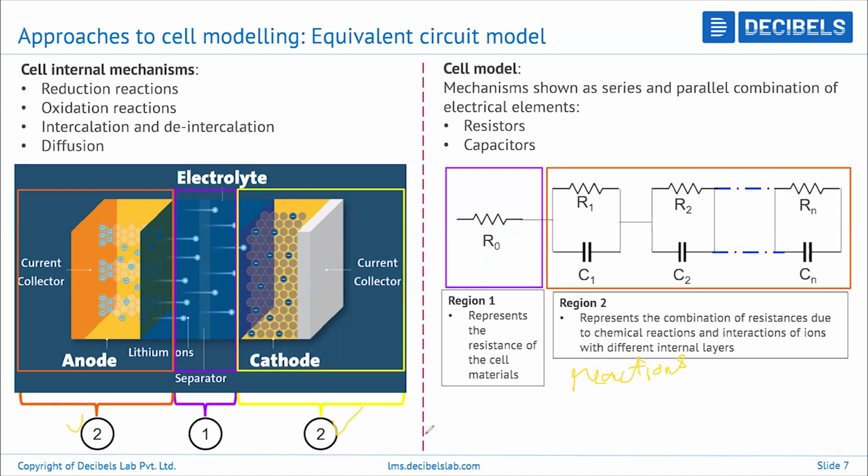So when there is this movement, when we talked about intercalation and deintercalation and diffusion, these are all purely chemical reactions related. When there are reactions occurring at the anode and cathode, or when there is movement of ions between the anode and cathode, we represent the resistances affiliated with these processes as a pair of resistance and capacitance. So this is basically modeling the resistances encountered during the interactions.